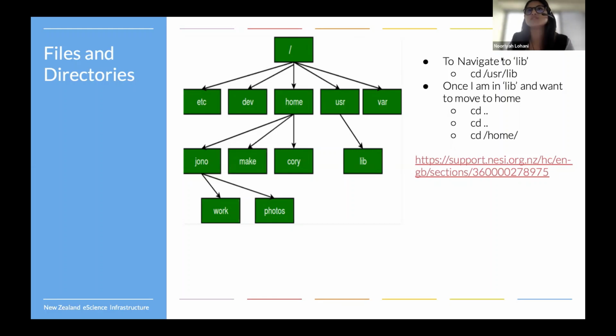For example, in this particular image, if I want to navigate to this folder called lib, in my command line I would type the command cd, which stands for change directory, and I would change my directory to /, which is where you start with the root, and then you move into user, because that is now connected to user, and user then connects into the folder that we're interested in navigating to. This is just a very simple example of how you could quite easily connect into the different files and folders on your machine.